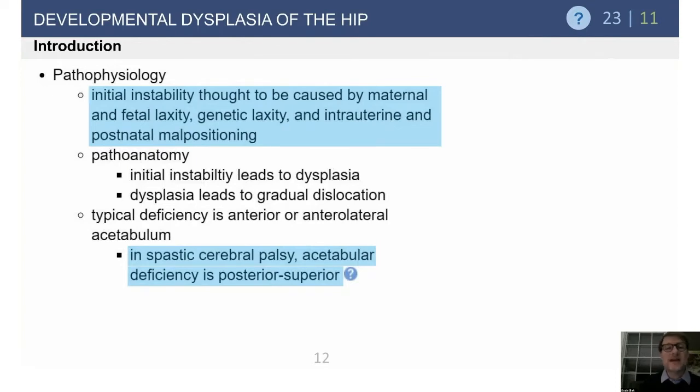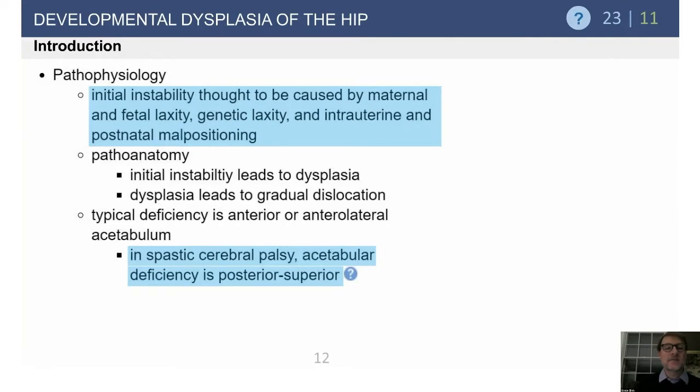You can even get it after the child is born from severe swaddling, and that's why some cultures that used to swaddle had more dysplasia, because if you take a hip that naturally wants to go out to the side in the frog position and you force it in, it could cause some lateral laxity.